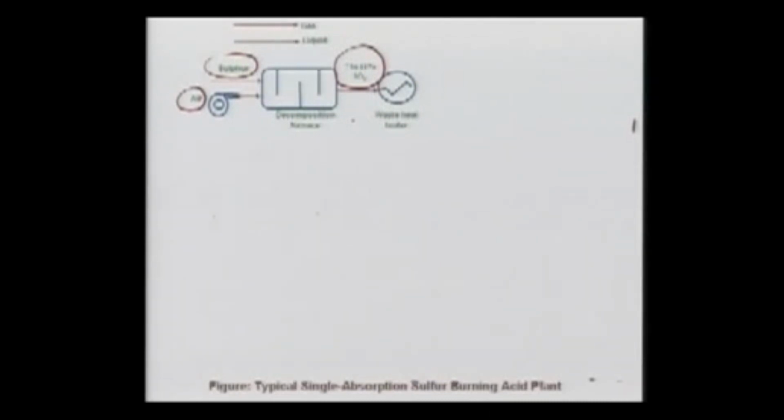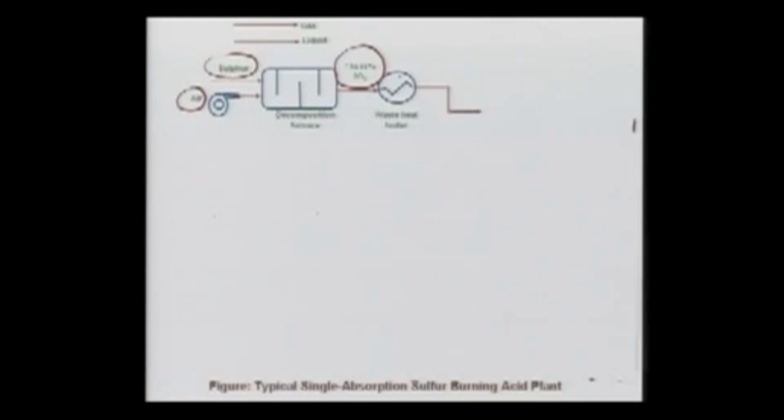Then the heat is very high, and we want to reduce the temperature. So we do waste heat recovery, because we want to bring the stream to a temperature more optimum for the conversion of SO2 into SO3, because the heart of the operation is the conversion of SO2 to SO3.